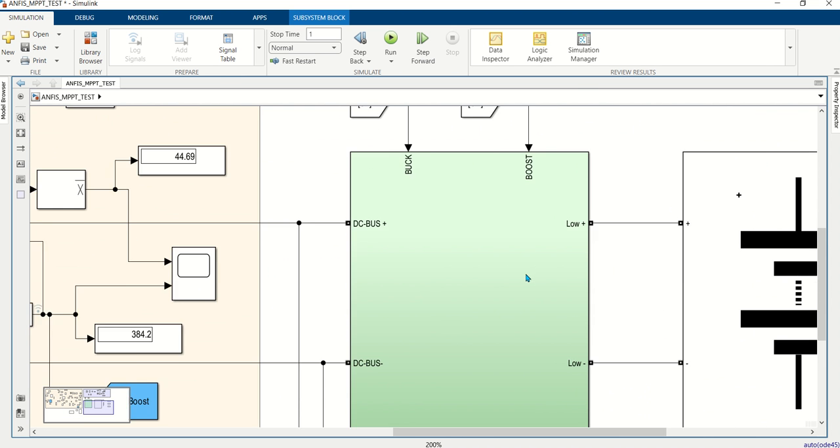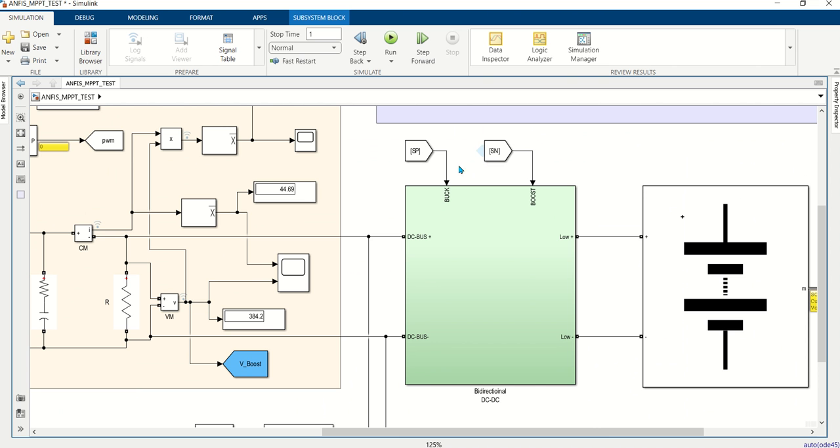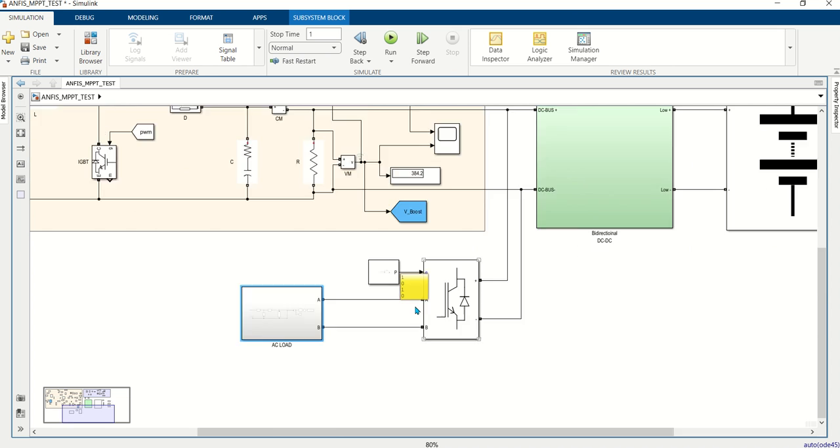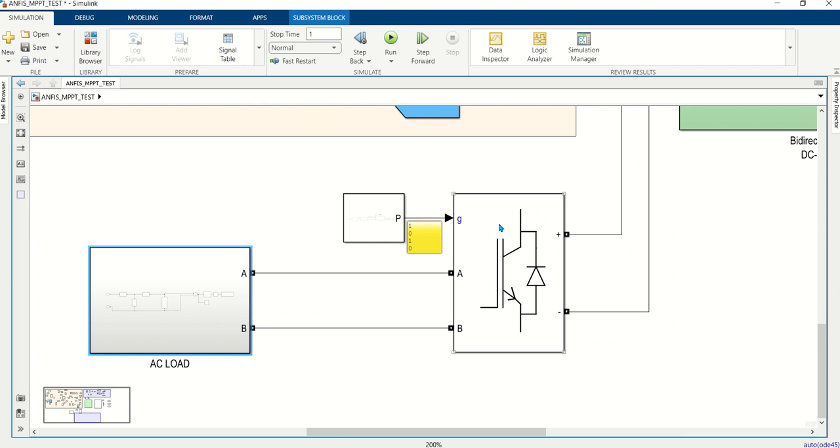Similarly we generate it here for the bidirectional converter, and similarly for the inverter. So based on that gate signal or PWM signal, the inverter decides when it will be on or when it will be off.